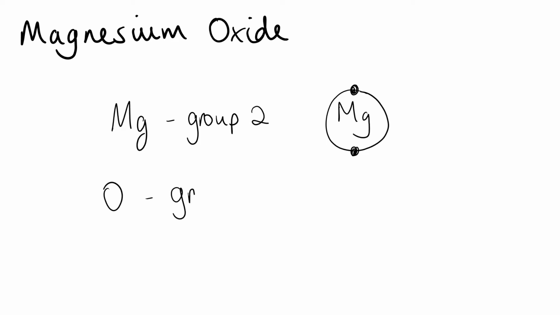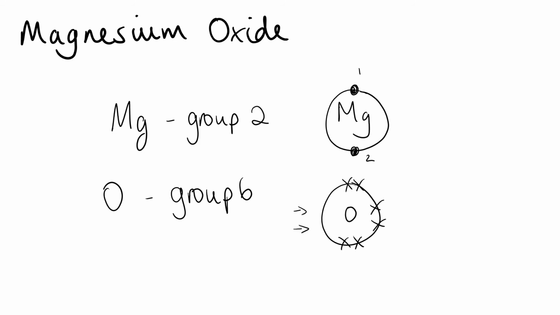Oxygen is in group 6, and that means that it has 6 outer shell electrons. Now compounds form because elements need to have full outer shells in order to be stable. Metals always lose electrons and non-metals always gain electrons. And if we look, magnesium has got 2 electrons to lose, whereas oxygen needs to gain 2 in order to get a full outer shell with 8 electrons.